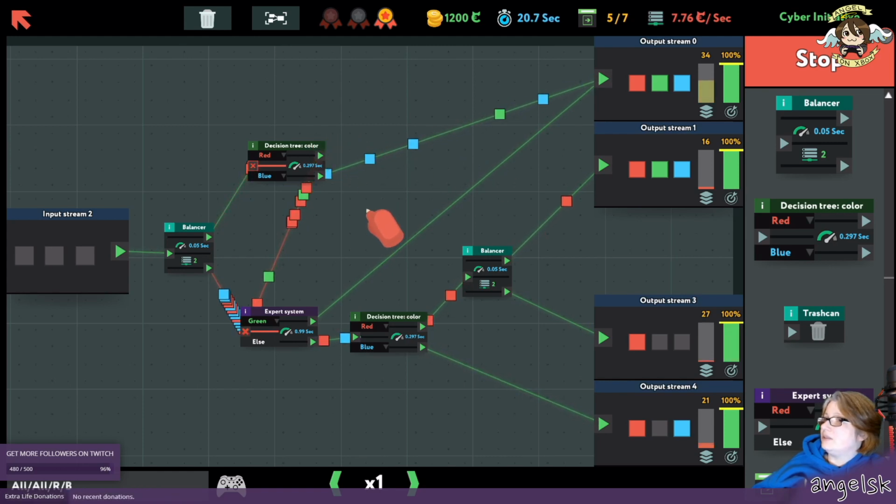Oh, did I? Oh no, I didn't forget to get that. So, the blues, that is the perfect split with blue and some green there. So that can connect to there, no problem.